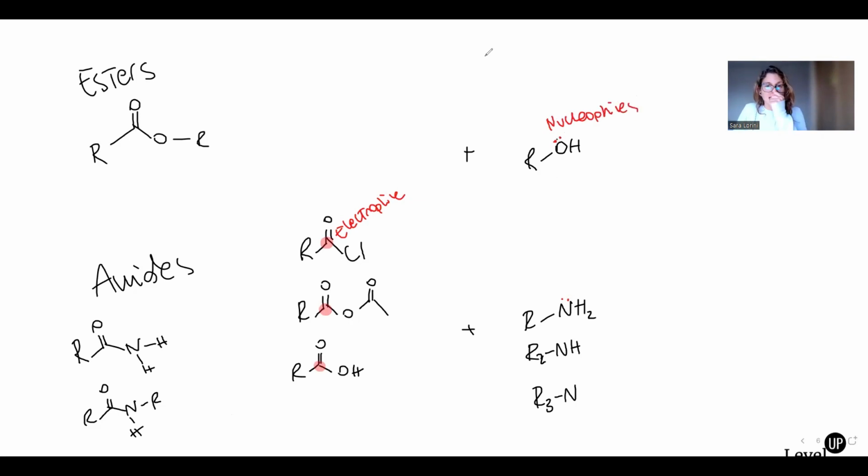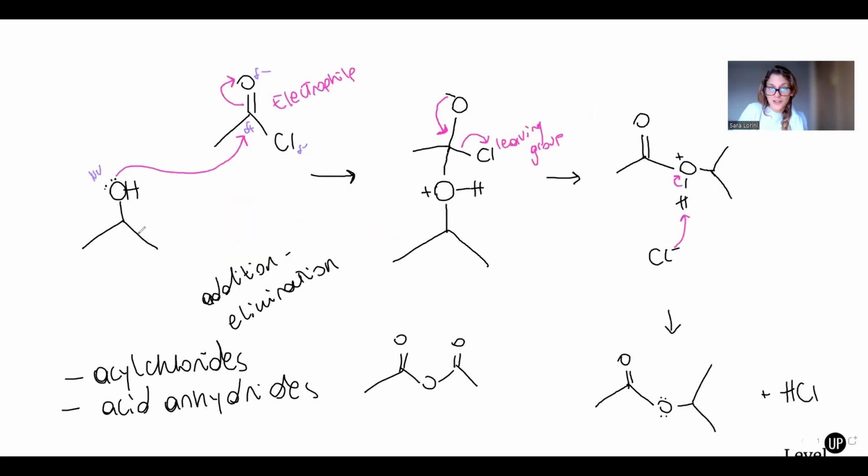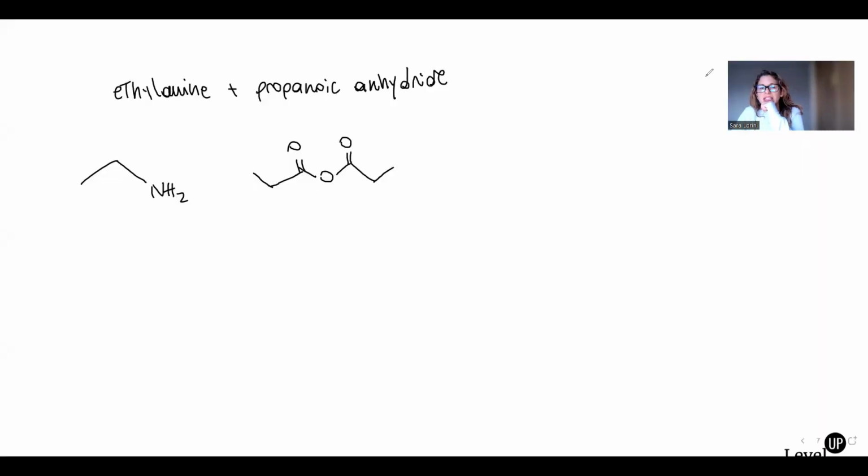So the challenge now could be to really try to draw out all the mechanisms for each of these conversions to fully understand how these curly arrows flow to make the new molecule. This is not an easy example, but ethylamine, propanoic anhydride. First step, always the analysis, and then let's see how the mechanism goes.